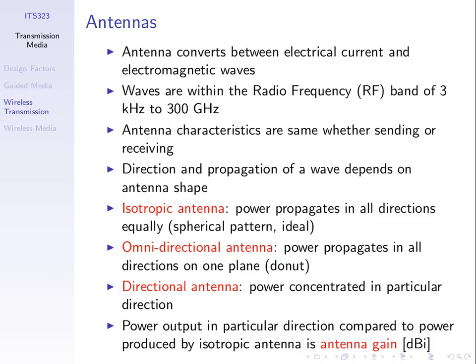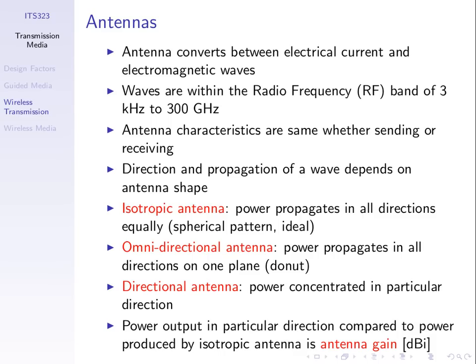We said there's an omnidirectional antenna, which tries to be equal power dispersion in one horizontal plane, for example, but up and down in the vertical plane it may be weaker. And more generally, a directional antenna, which tries to send the energy all in one direction and very little in the other directions, so that the signal goes much stronger in that one direction.